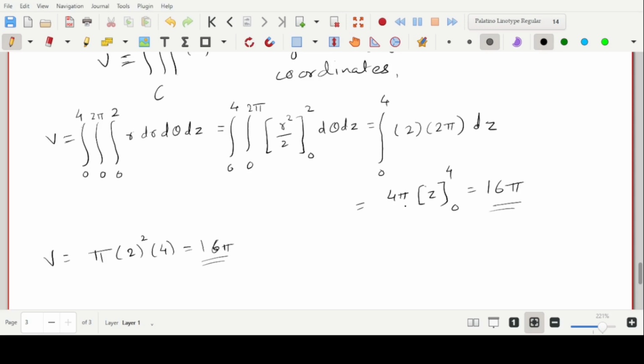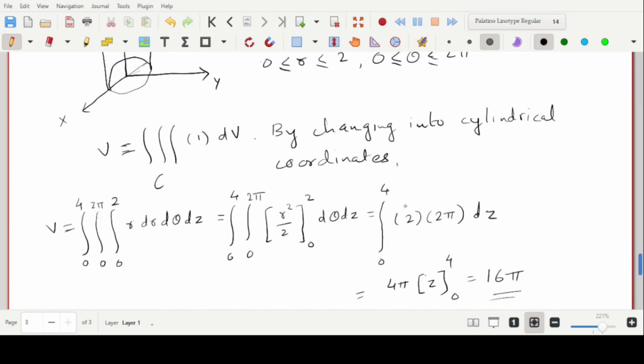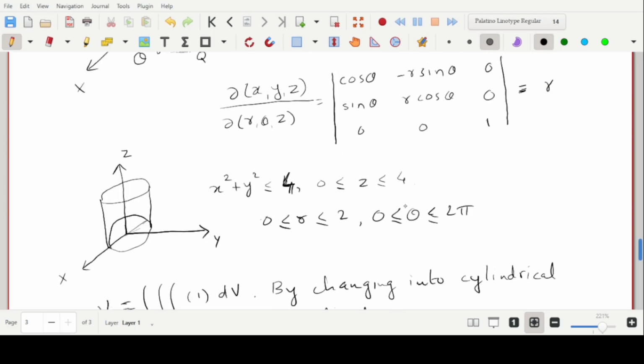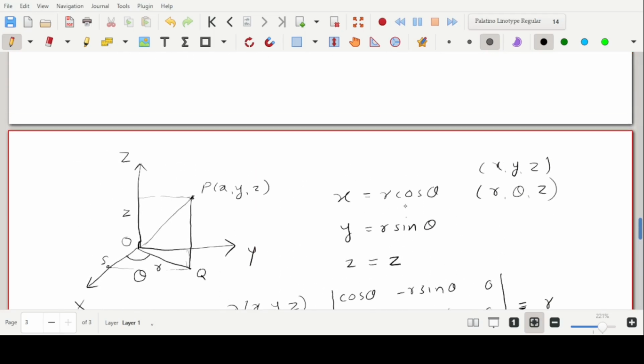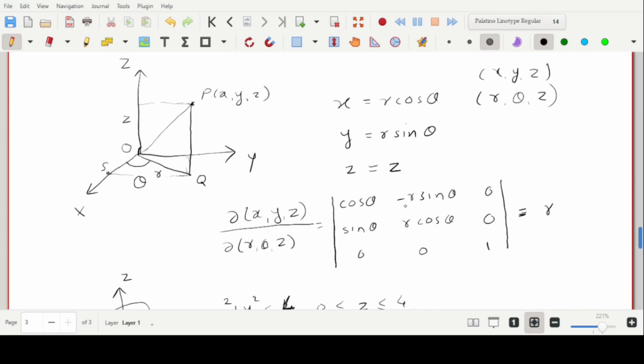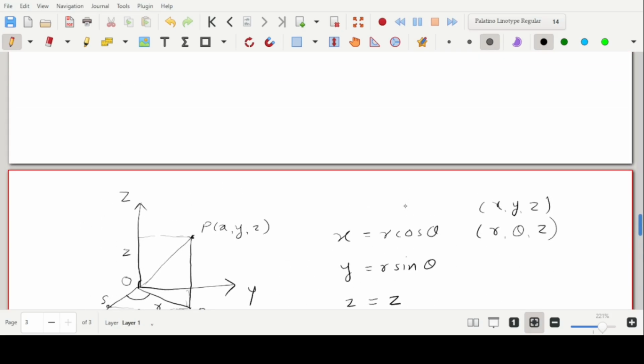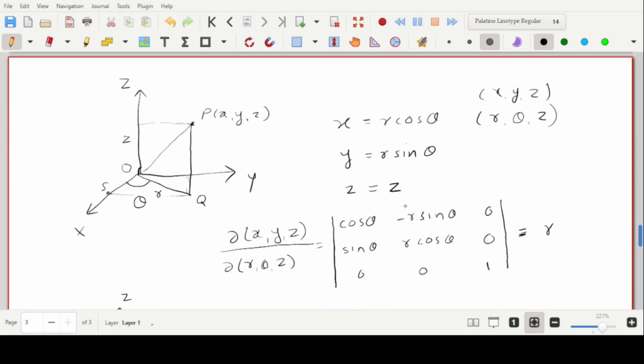Alright, so I hope you understand how we change our usual coordinates into cylindrical coordinates and how we integrate. Here again I would like to mention that we use cylindrical coordinates particularly when we are trying to integrate over regions that are cylindrical regions.